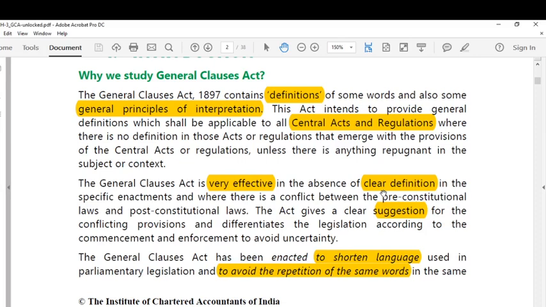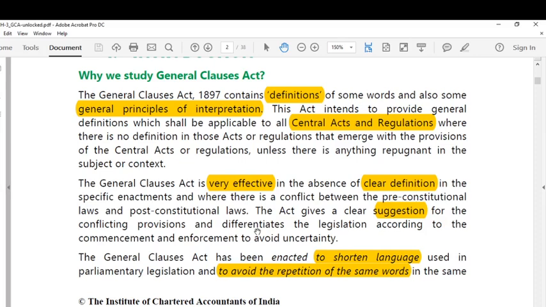So once the constitution is enforced in full, and thereafter certain enactments were made by the parliament, and those enactments, compared to the pre-constitutional laws, which means the enactments made by the government in power before the constitution comes into effect.